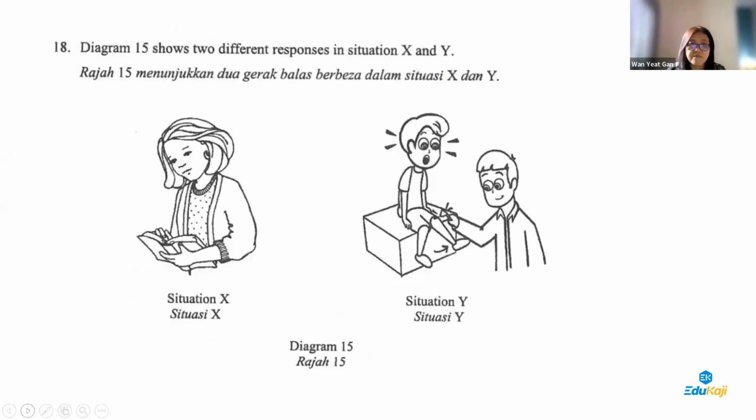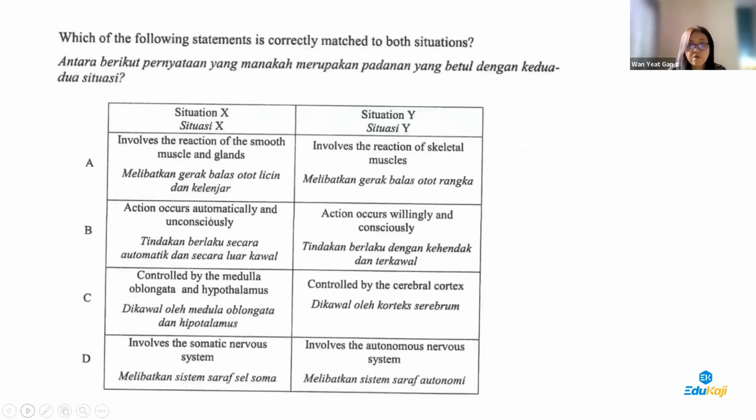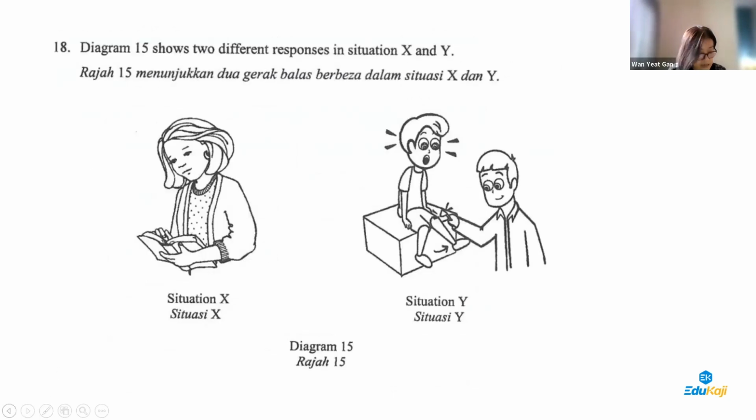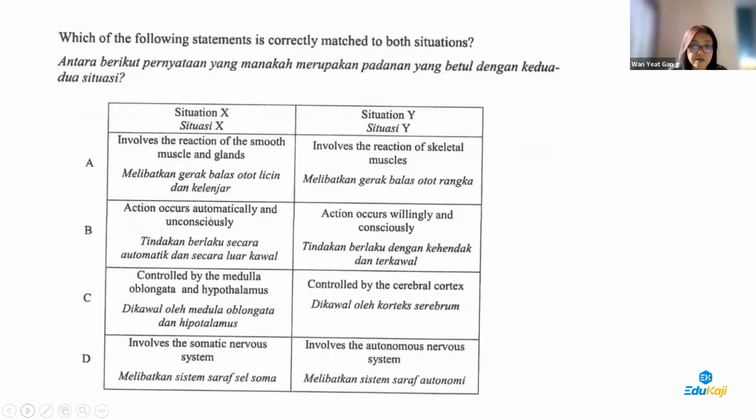Question 18. Diagram 15 shows two different responses in situations X and Y. Which of the following statements is correctly matched to both situations? Okay, so you can see that the little kid there has been hit by the rubber hammer. Okay, so this is a reflex action.